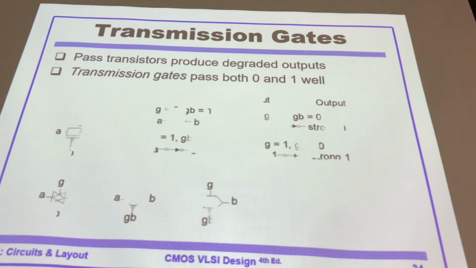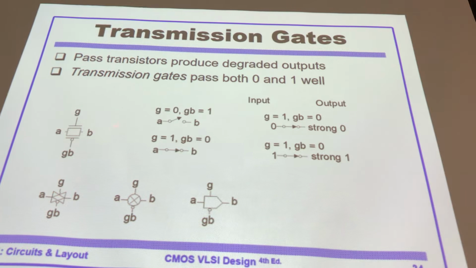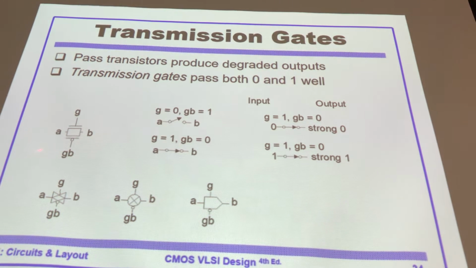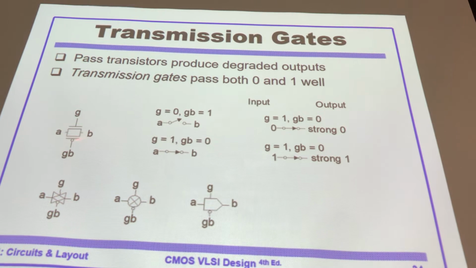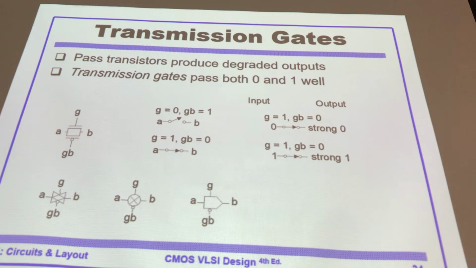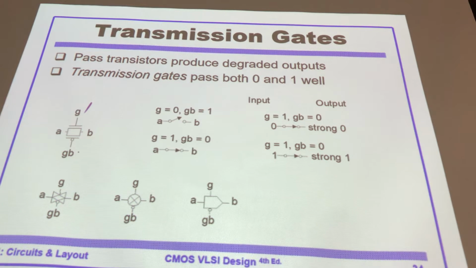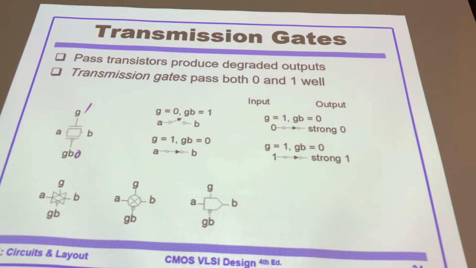And this is the circuit. Can you see what the connection here is? The NMOS transistor and the PMOS transistor are connected in parallel, right? This end together, this end together. So when G, the gate, is 1, gate bar will be 0.